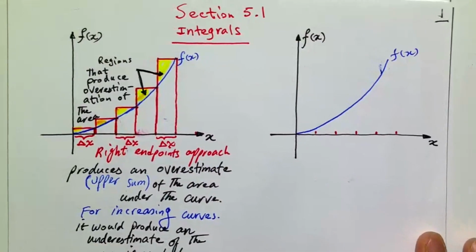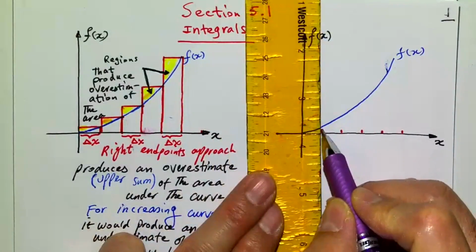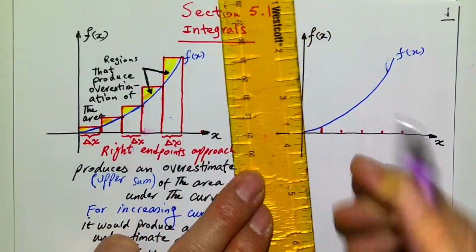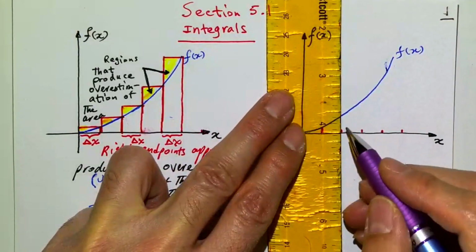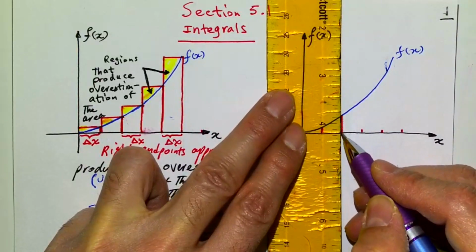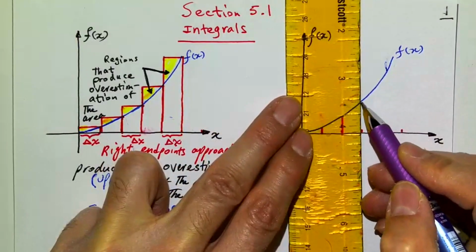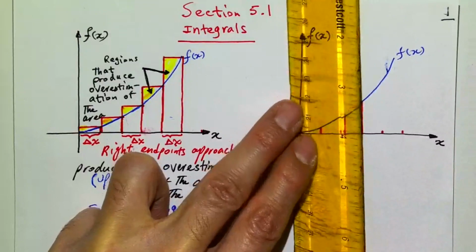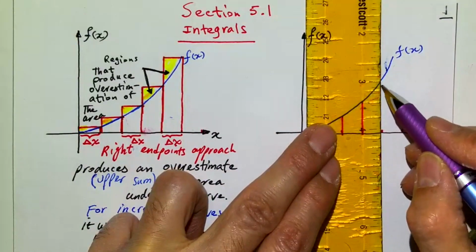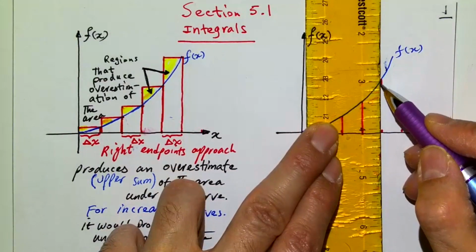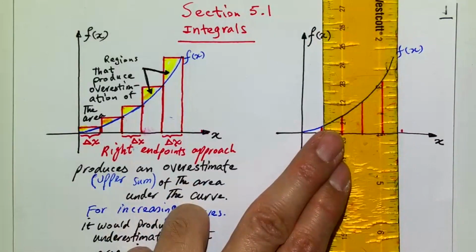Now let's do the same thing here on this side. This time, though, I'm going to use the left side of each rectangle to be placed on the curve. So I will do that, and like that. And you can see clearly when we have an increasing curve, this method, using the left corner or left endpoints of each rectangle, would produce an underestimate.